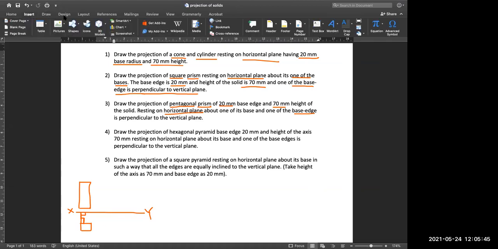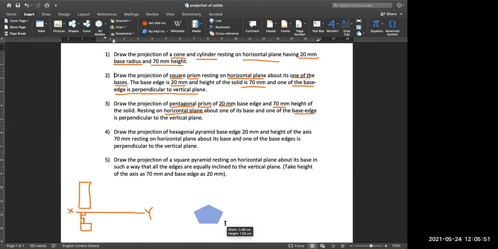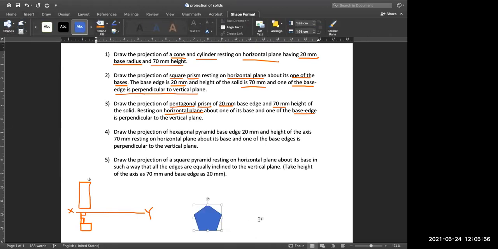Let me see if I have a ready-made pentagon here. Yeah, here I do have. Suppose in top view you can draw one pentagon like this. You can also draw this same pentagon in this orientation also.